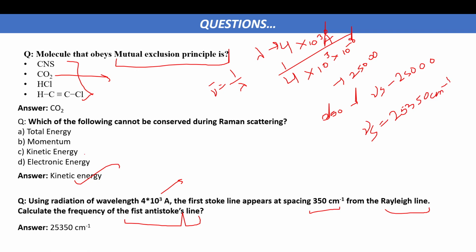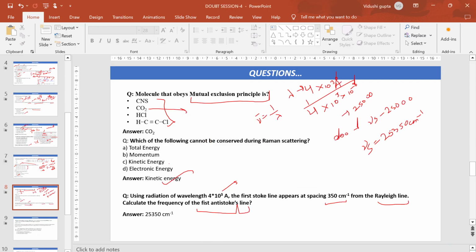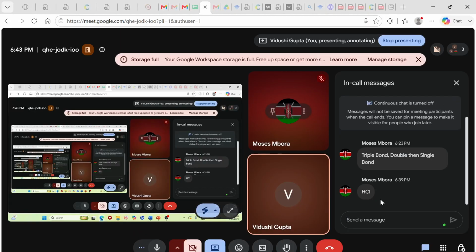Is this clear? Is this clear up to this, Moses?